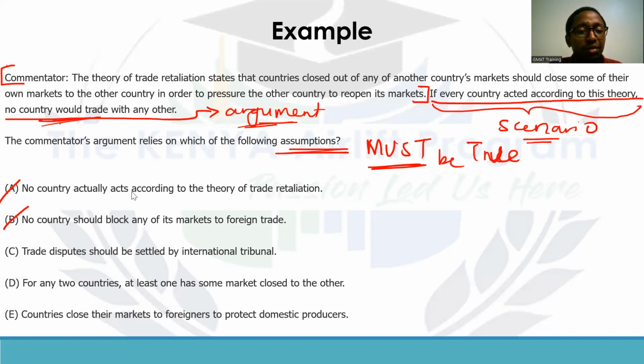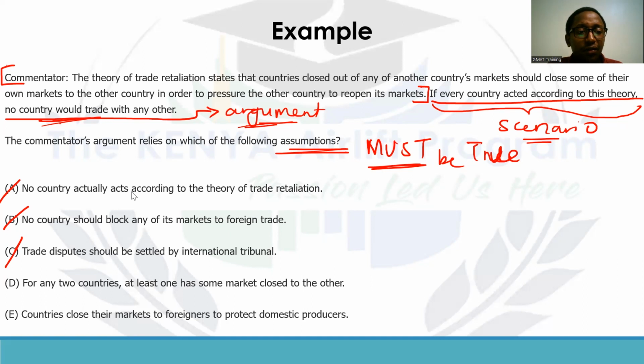C, trade disputes should be settled by international tribunal. This theory seeks to solve trade disputes. So it's handling trade disputes. And how is it handling it? By the rules of this theory. So again, it goes against the truth. So we have already eliminated three answer choices very easily.